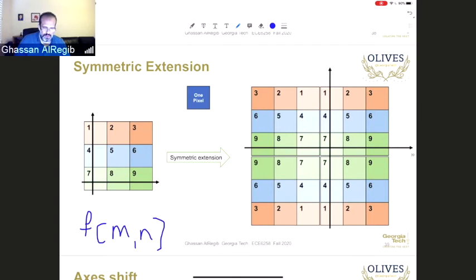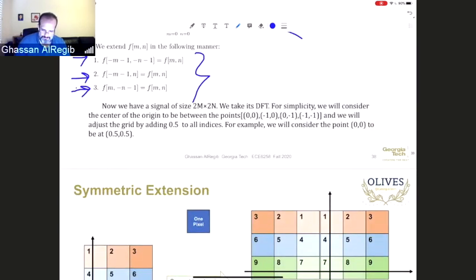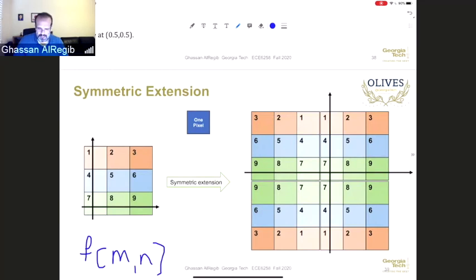Then I'm doing symmetric extension using the three extensions that I mentioned in the previous slide. These are the three extensions in here to get this extended image. So you can see I have a mirror around the y-axis, a mirror around the x-axis, and then a mirror around both the x and y-axis.